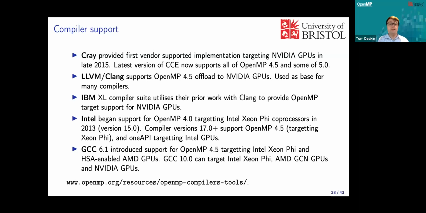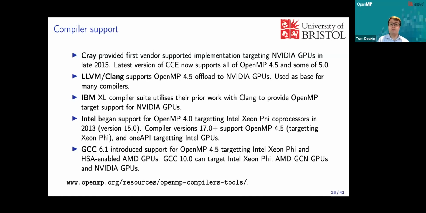So using these same compiler directives that you've seen today, you're able to target NVIDIA GPUs and Intel GPUs. Now, the GCC compiler has had OpenMP support for lots of different architectures, and with the latest version 10.0, it can target the Xeon Phi, AMD GPUs, and NVIDIA GPUs. AMD also provide their own OpenMP compiler for AMD GPUs.